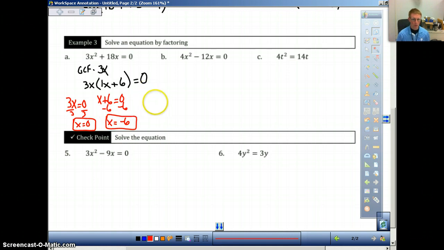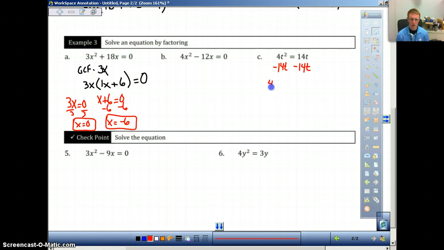Okay? So what I want you to do is, actually, let's go through one more example here. So let's say we have a problem like this. So we have 4t squared, and then we have equals 14t. Well, if we're going to solve, we need to get it equal to 0. So to get it equal to 0, we want to bring everything to one side so it is equal to 0. So we're going to minus 14t to both sides.